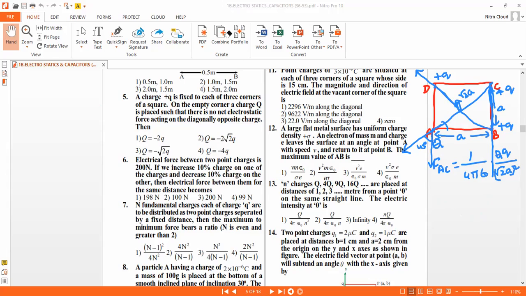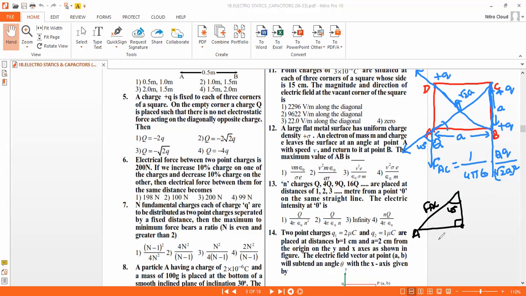You can see here, if I draw a perpendicular, this is 45, and this is the FAC. Here it is perpendicular, this is A.